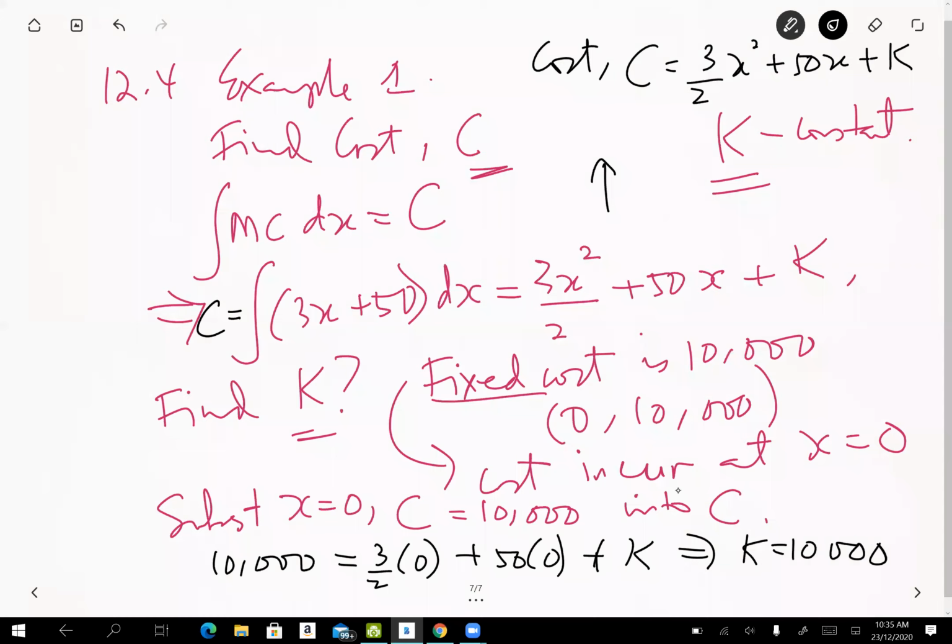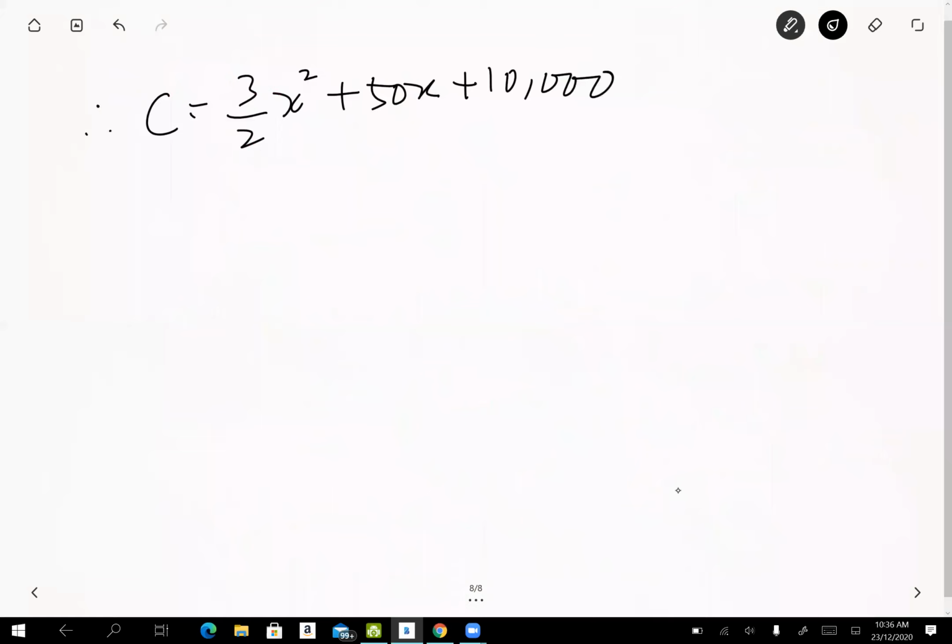Now you have the specific cost function, which is putting back the k into the cost function. So therefore, our c will be equal to 3/2x squared plus 50x plus 10,000. So that is our cost function.